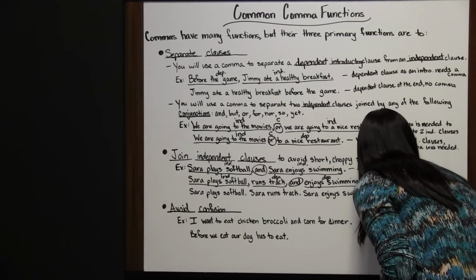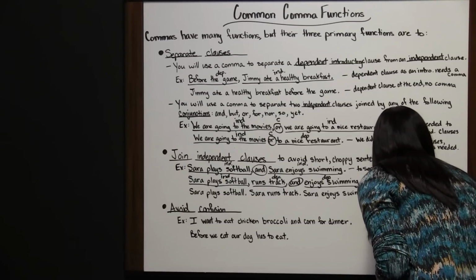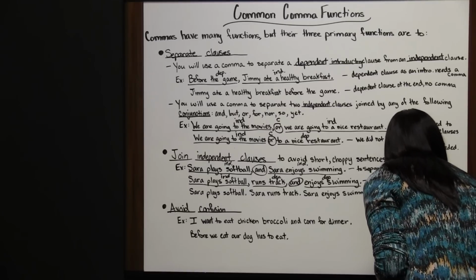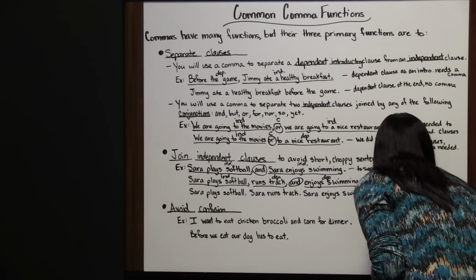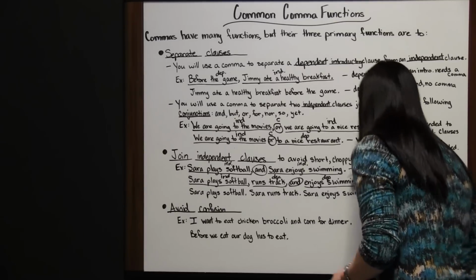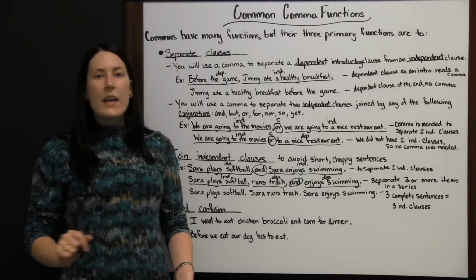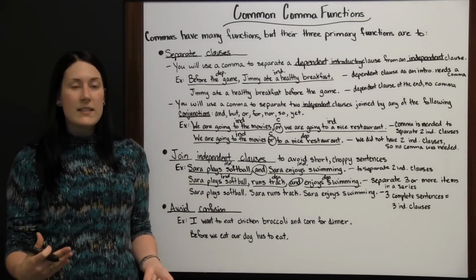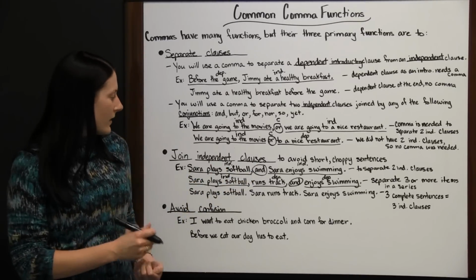And then at the end we had no commas. We just had three complete sentences, which basically equaled three independent clauses. So we had to find ways to combine them. So we could combine all three into one sentence, and we could use our rule of using commas for three or more items in a series to join these different independent clauses.